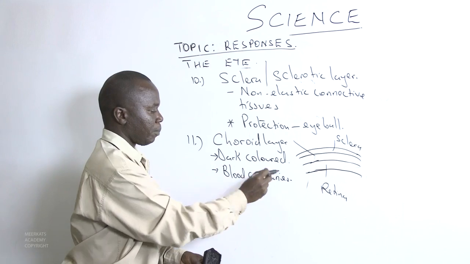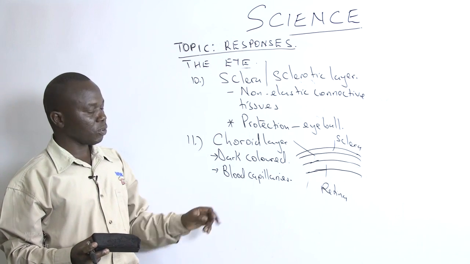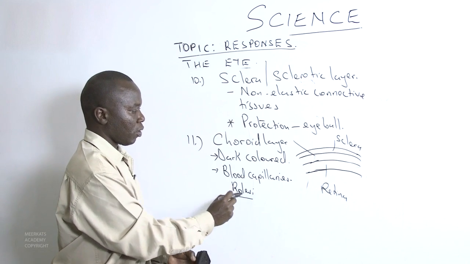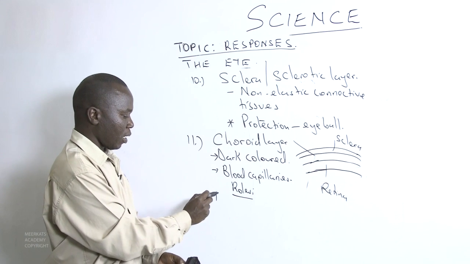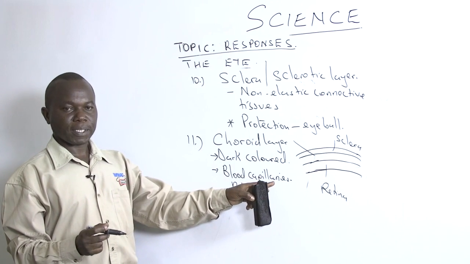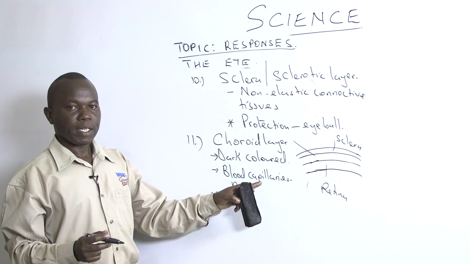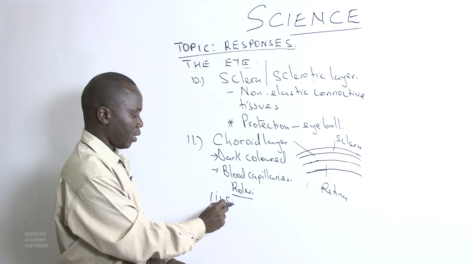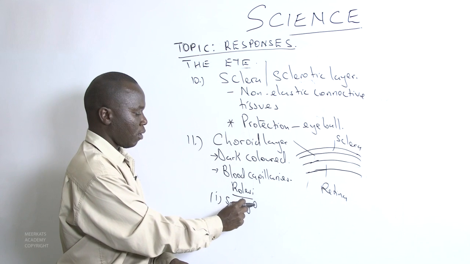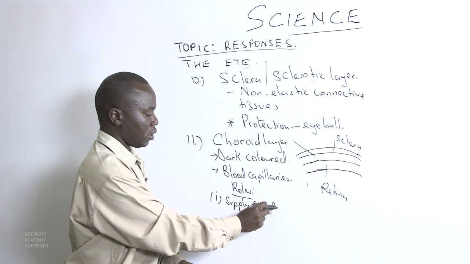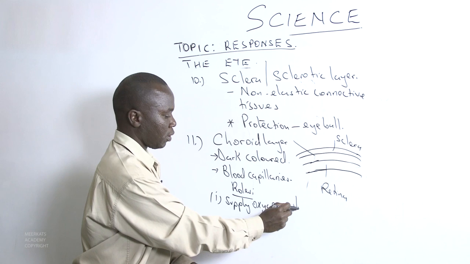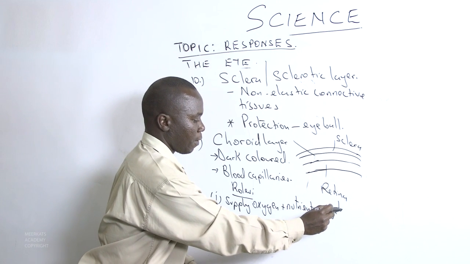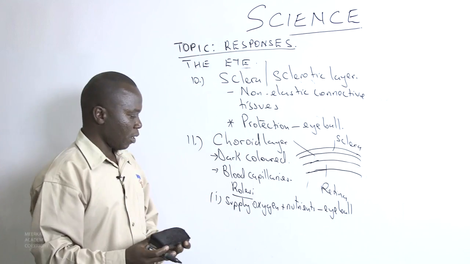Because of these two features, the roles of the choroid layer become clear. One, the blood capillaries supply oxygen and nutrients to the eyeball.